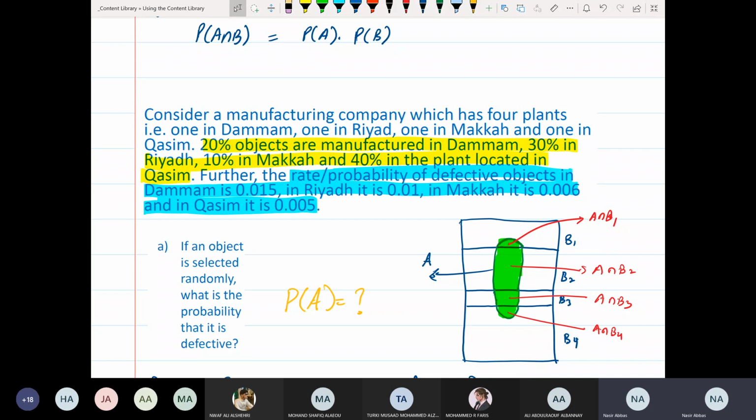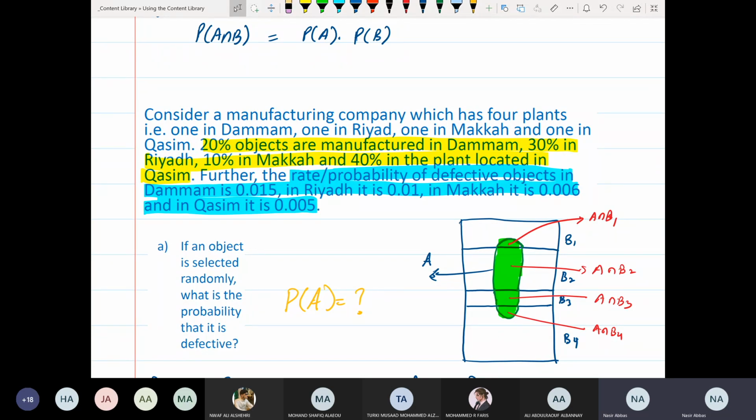The blue statement says the rate of defective, or the probability of defective, in the MOM is 0.015. So this is talking specifically about the MOM. If we know that the product is from the MOM, then the probability of defective is 0.015.